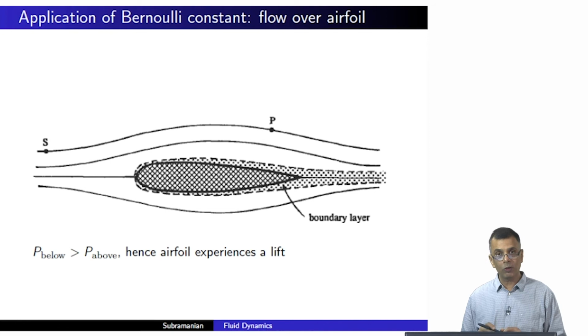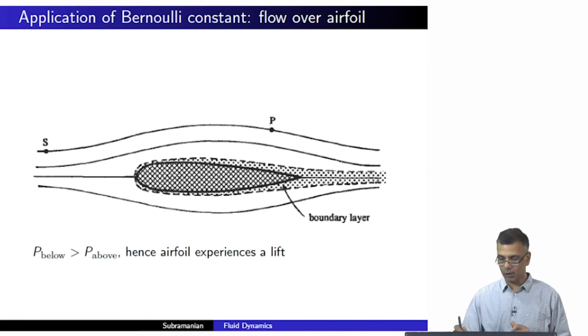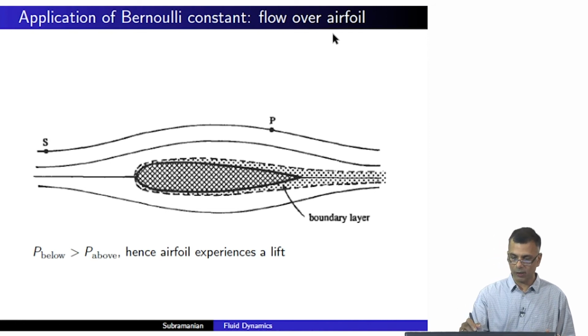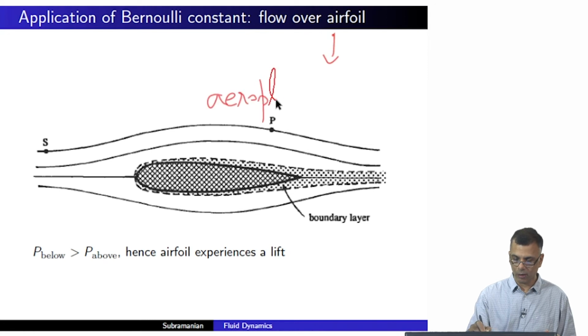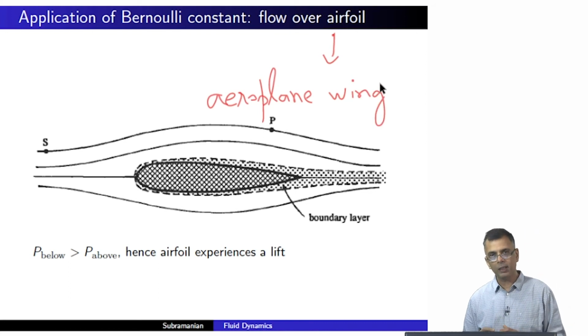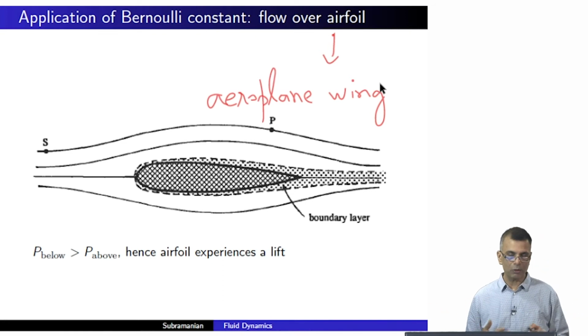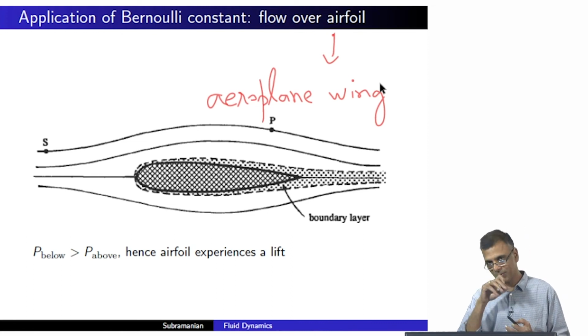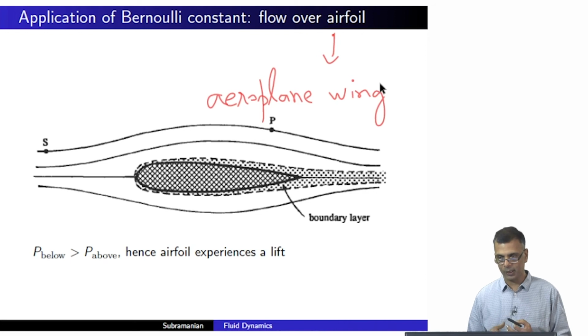This is flow over an airfoil or essentially an aeroplane wing. Why does an aeroplane wing experience a lift? Okay, this is the fundamental principle around which aeroplanes are designed, and this is a rather simplistic way of explaining.